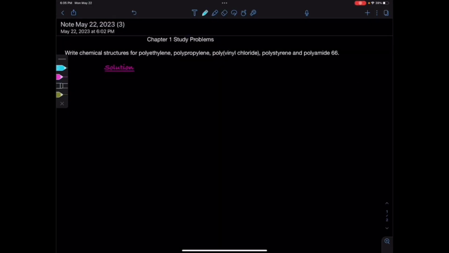Okay, the second problem, write chemical structures for polyethylene, polypropylene, polyvinyl chloride, polystyrene and polyamide 6,6. Polyethylene has two CH2 groups in a mer. So you can write it like this, or you could also write it with just one methylene group.